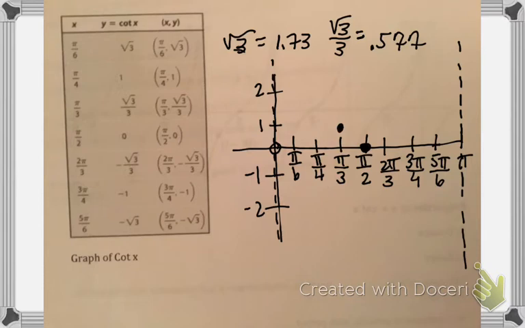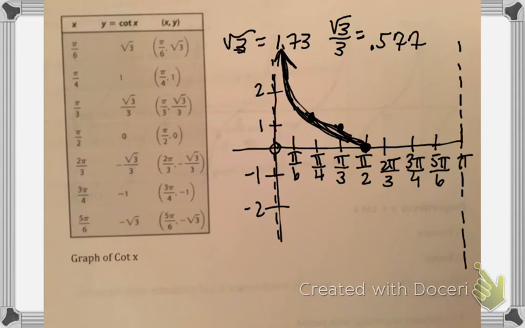And at pi over 4, it's positive 1. And then at pi over 6, it's radical 3, which is 1.7. So basically, the graph should be smoother. It's just how I drew this, but it looks like that. Okay. All right, so let's see what happens on the other side.